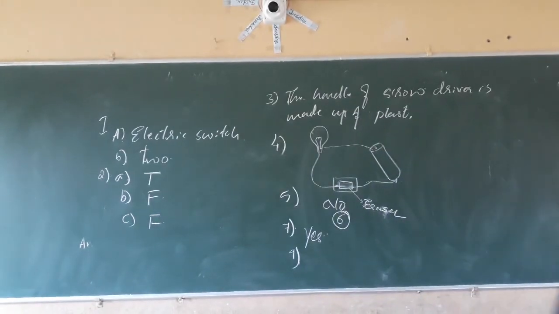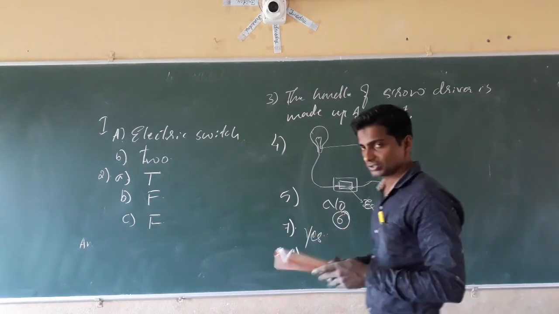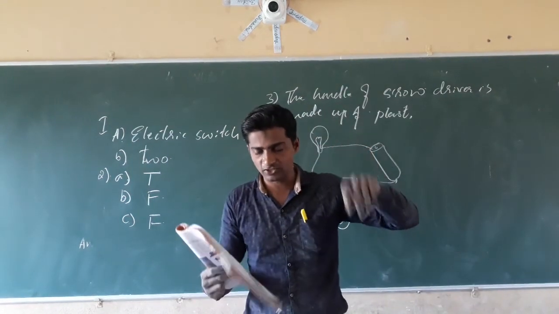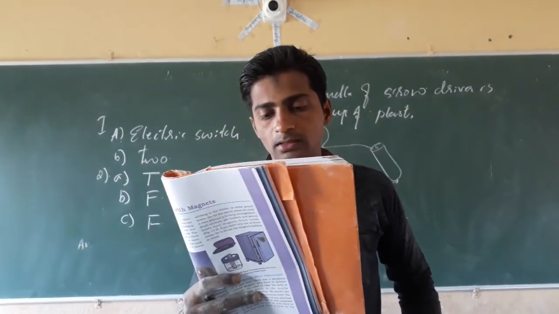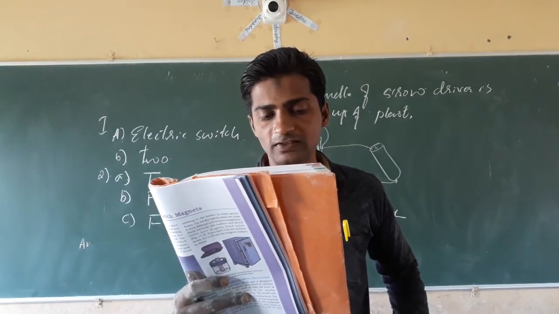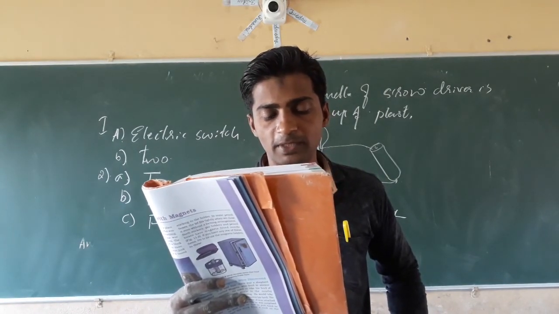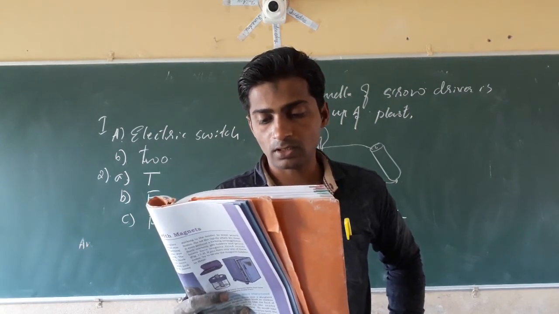See in your textbook, 10th question. The handles of tools like screwdrivers and pliers used by electricians for repair work usually have plastic or rubber covering on them.